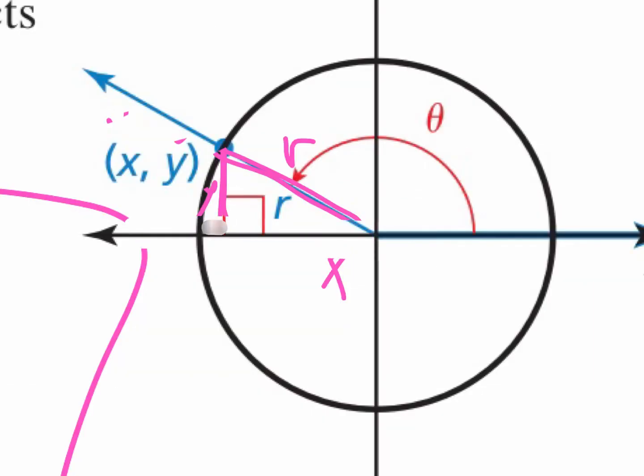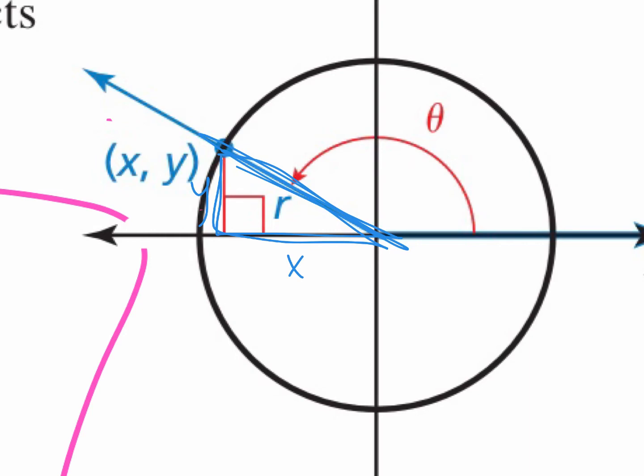Looking at this, we have a little right triangle here. X is our horizontal axis there, so this is our x. We're going to the left, whatever value our x is. Y is how much we go up or down, so this is our y. And r is our hypotenuse here of this triangle. So that's how we can do Pythagorean theorem to find r, because we have a little right triangle.